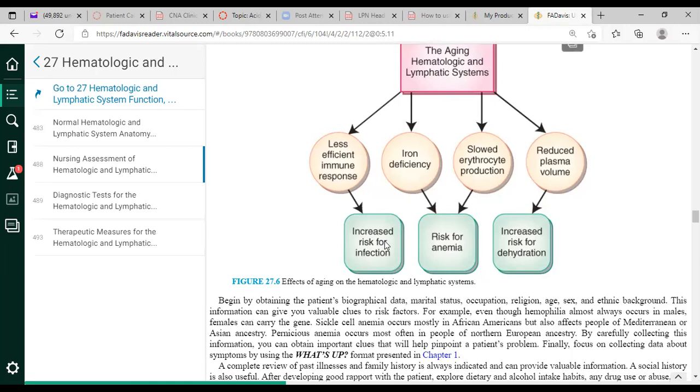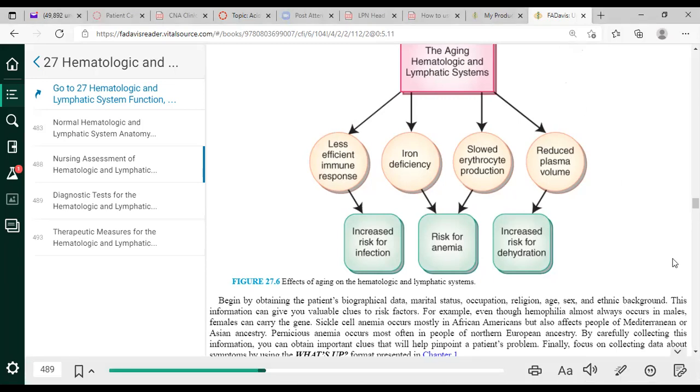With the older population, iron deficiency, where the individual does not have enough iron in their body, and it's contributing to anemia. And the patient is at risk for dehydration as a result of reduced plasma volume.